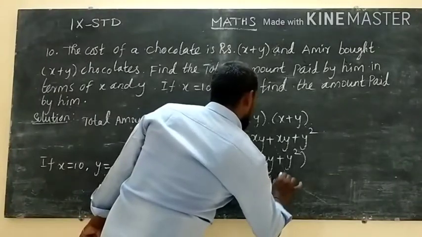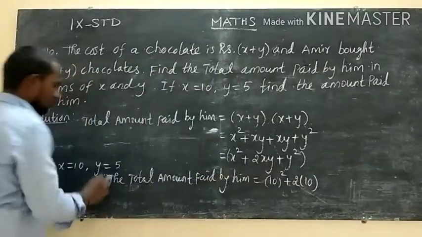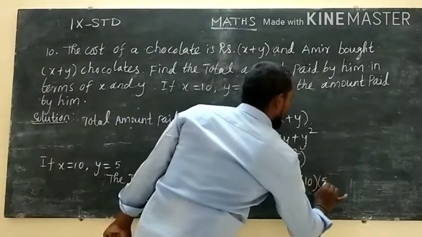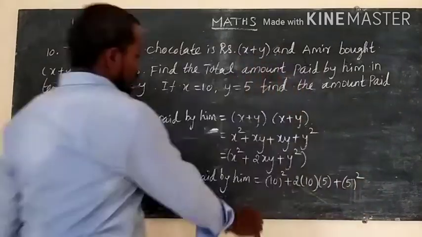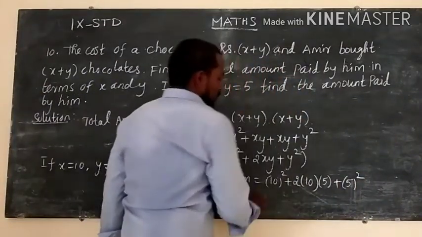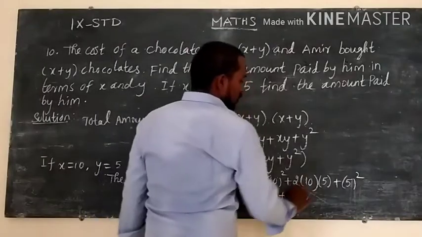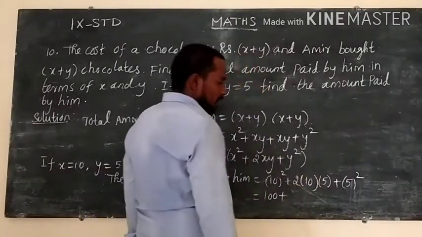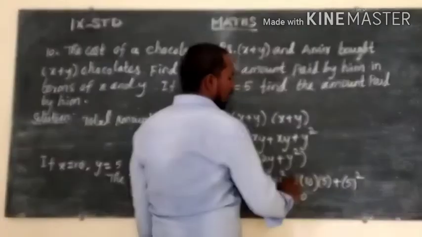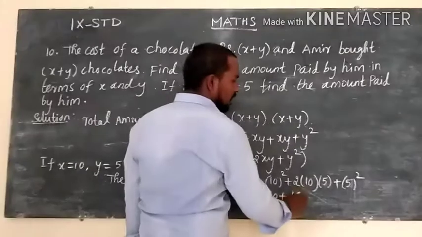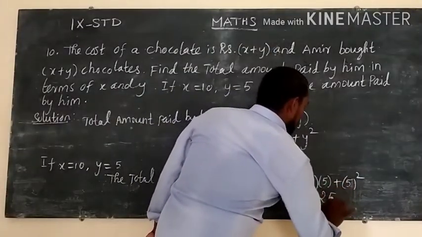So 10 square plus 2 into 10 into 5 plus 5 square, replacing the x and y values. 10 tens are 100, plus 2 fives are 10, 10 tens are 100, plus 5 square, 5 fives are 25.